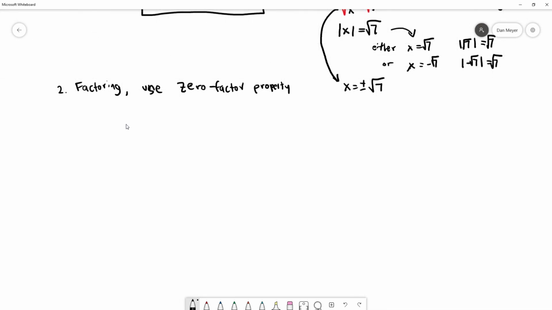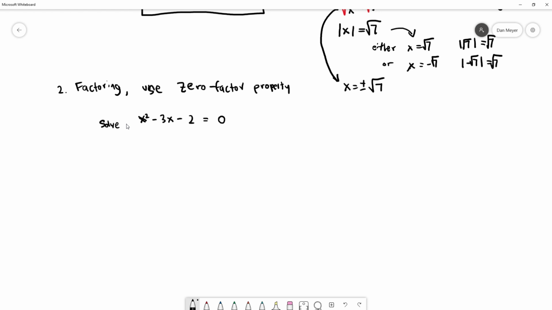So for example, if we want to solve x squared minus 3x minus 2 is equal to 0. Now this is not a special quadratic. There's an x term here. So this business of isolating x is definitely not going to work here.